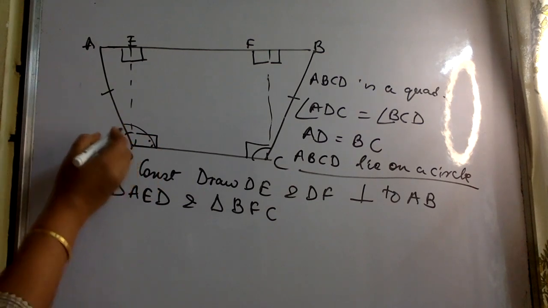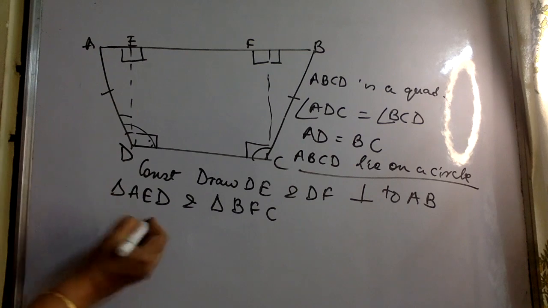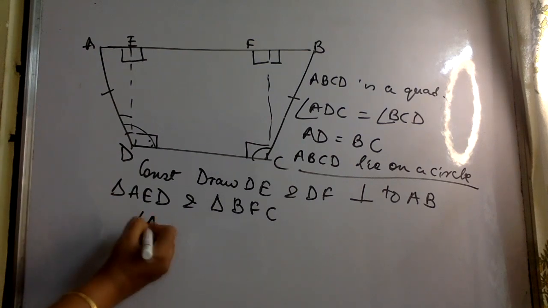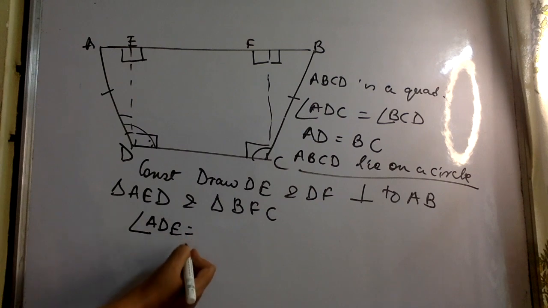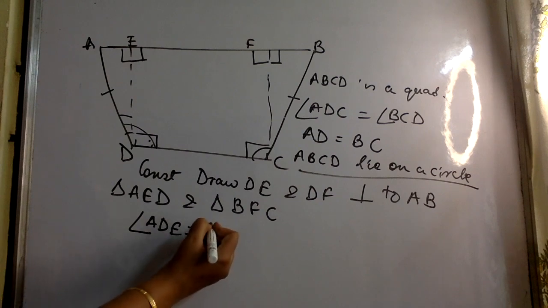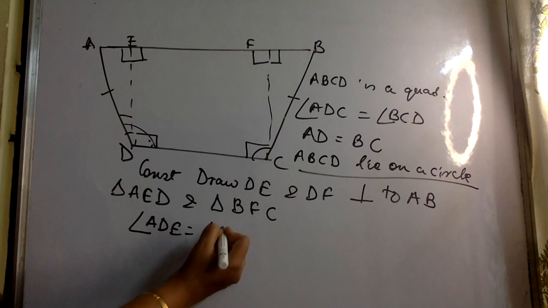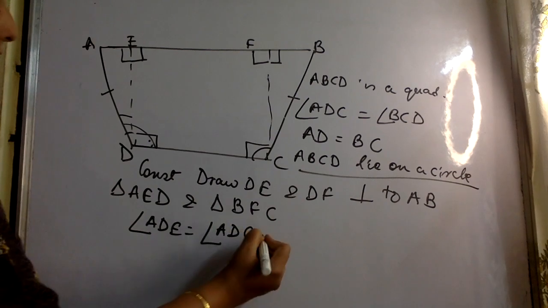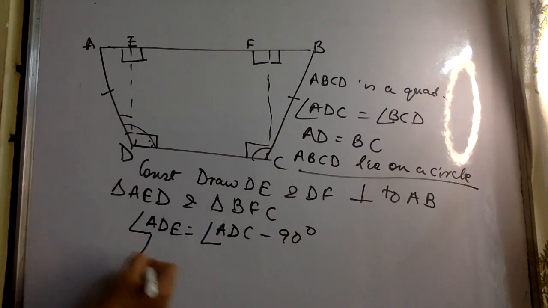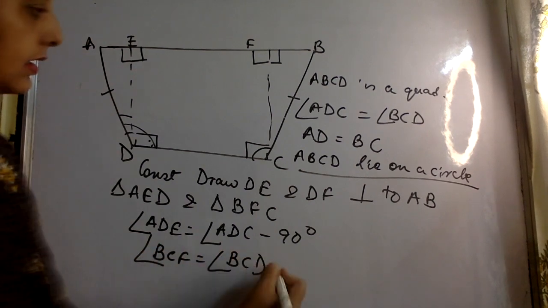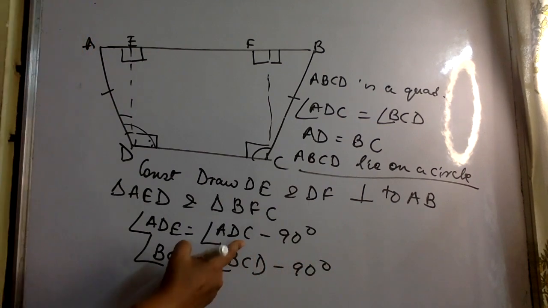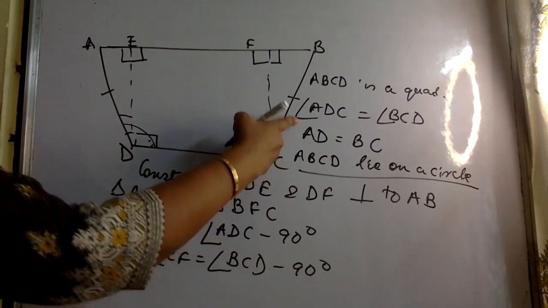Then this small angle, angle ADE, is angle ADC minus 90. Similarly, angle BCF is angle BCD minus 90, and ADC is equal to BCD.